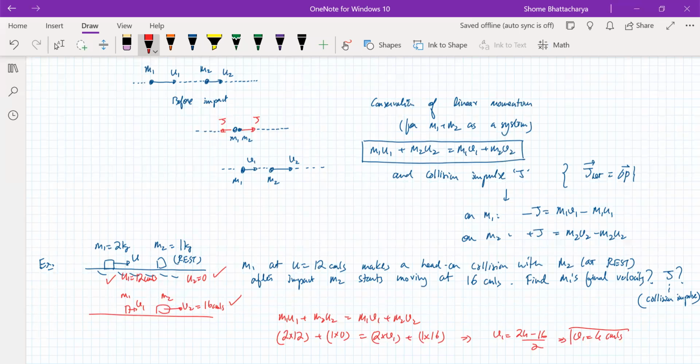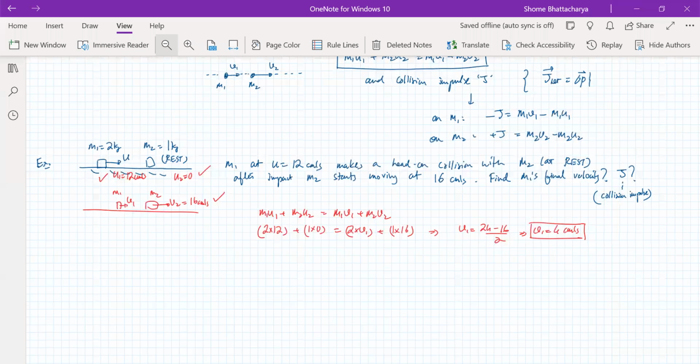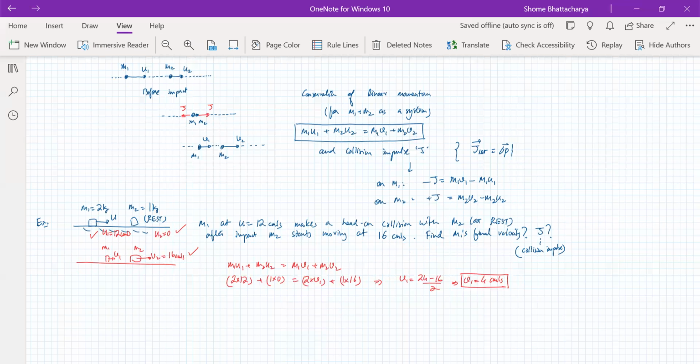Now since v1 is coming as a positive quantity, we can be sure in this case that the velocity is in the same direction. So v1 is positive, so same direction as initial u1.